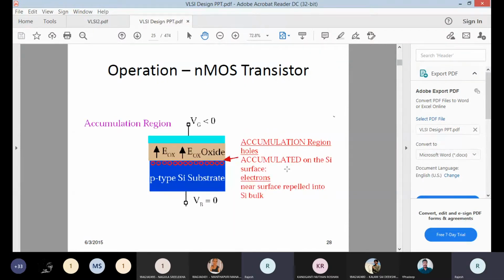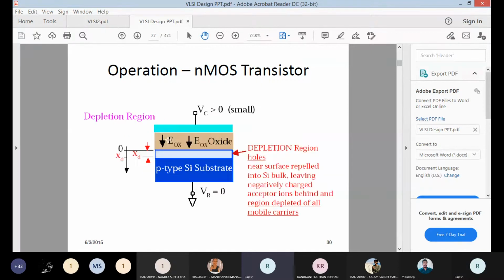So this is VGS less than 0, the accumulation region, because the gate is having negative charge. The substrate portion is filled with all holes. So it is like two parallel plates separated by dielectric. When VGS is greater than 0 and less than the threshold voltage, negatively charged carriers will come and settle in the substrate.